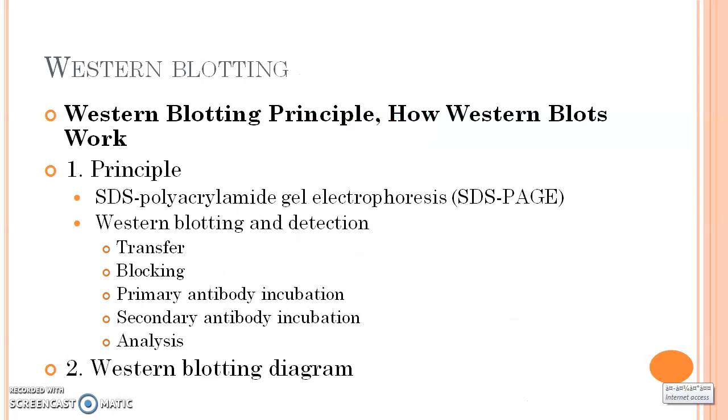Dear students, already we have started the details associated with Western blotting, in which we had covered the principle and the SDS stage, that is the sodium dodecyl sulfate polyacrylamide gel electrophoresis.